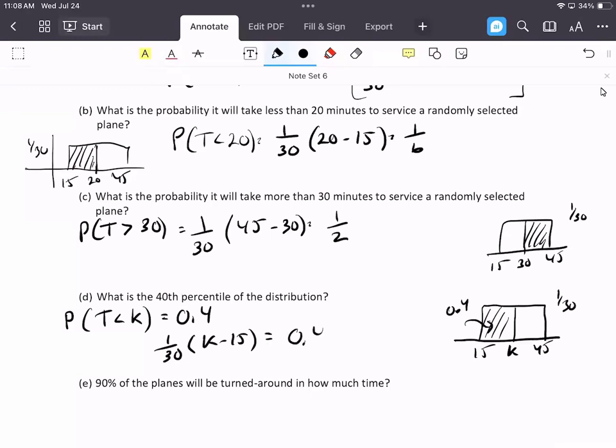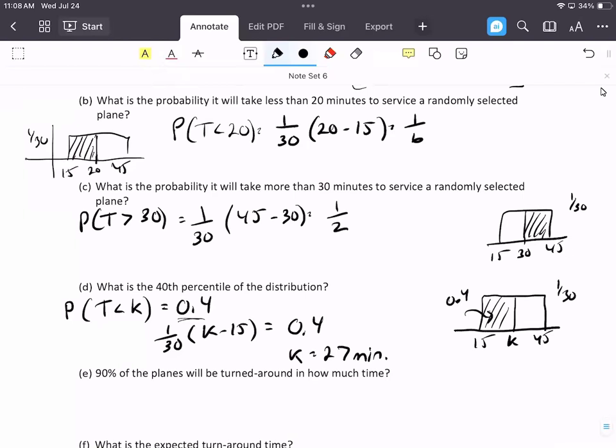And we know that area has to equal 0.4, because that's what we're told here, that area being the probability. That probability is 0.4. Multiply both sides by 30, add 15, and you're going to get K equals 27 minutes. Good to label the units when you have them.